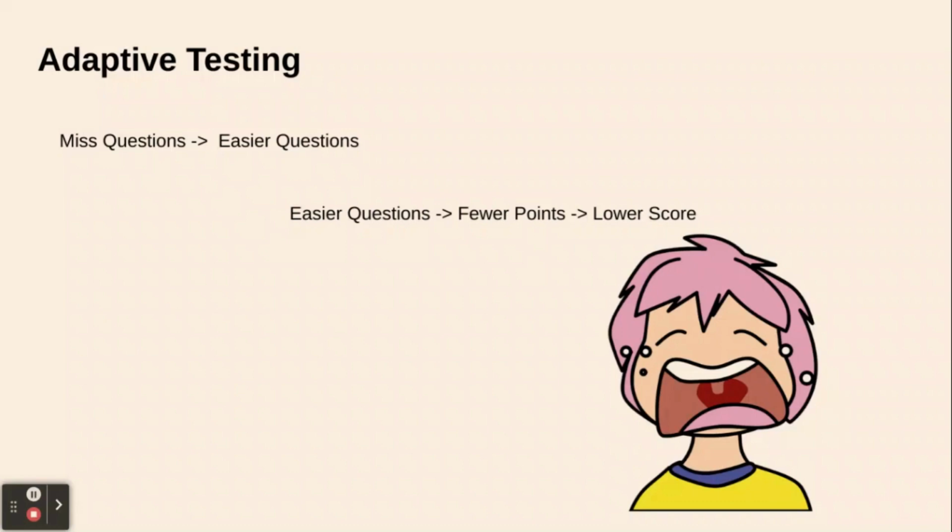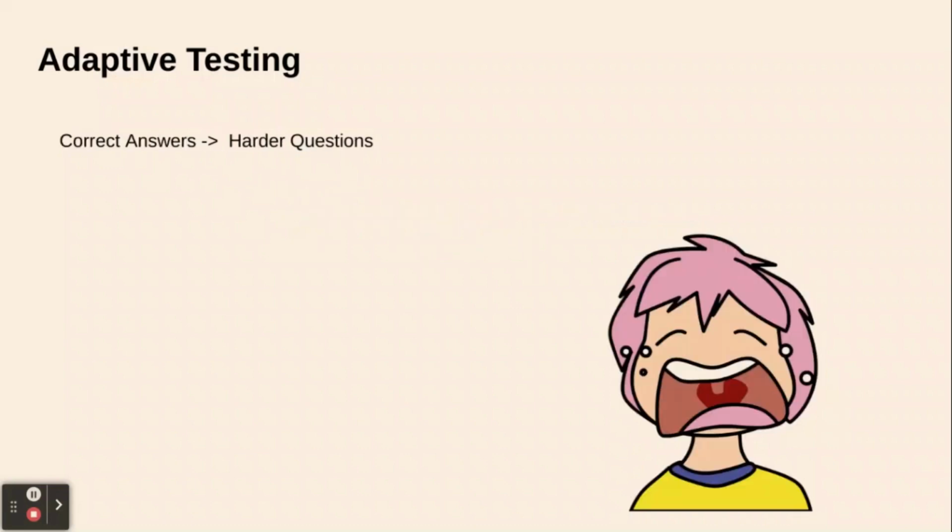So when you say, boy, I had a really hard version of the test, that's probably a good thing because it probably was adapting to your knowledge and probably giving you more points. You get correct answers, you get harder questions, because it's adapting to what the test thinks you know.